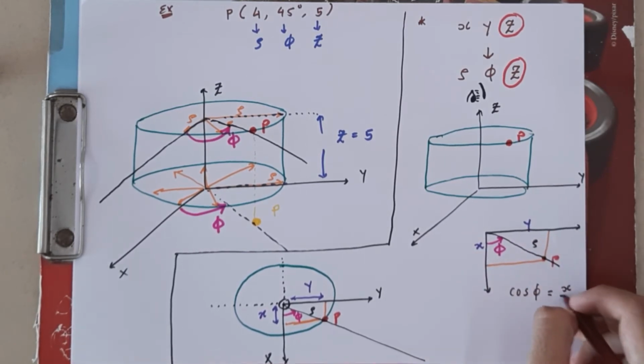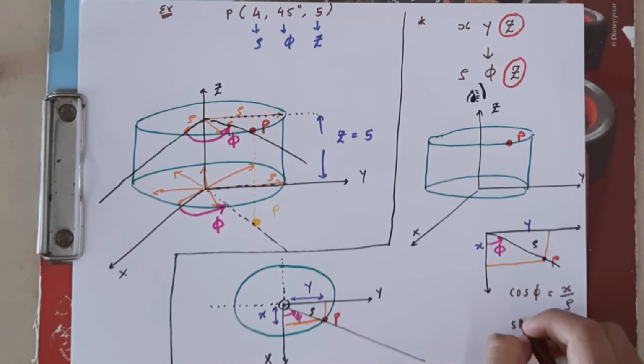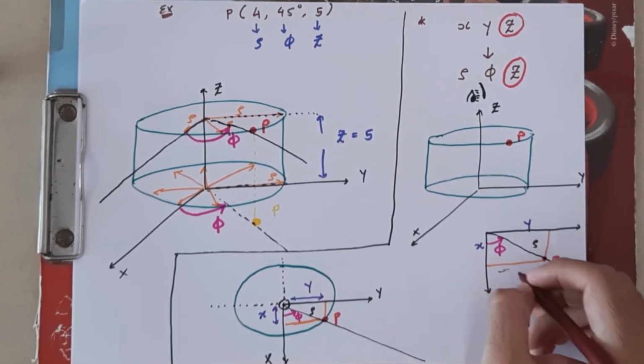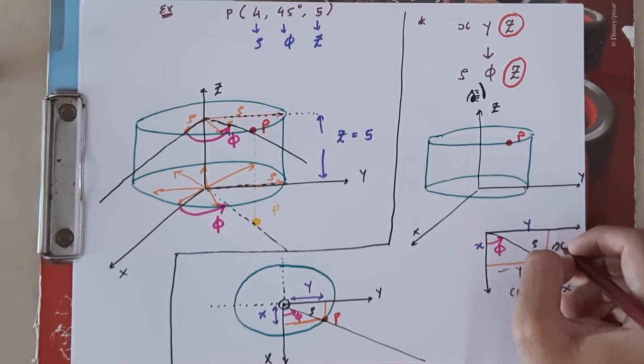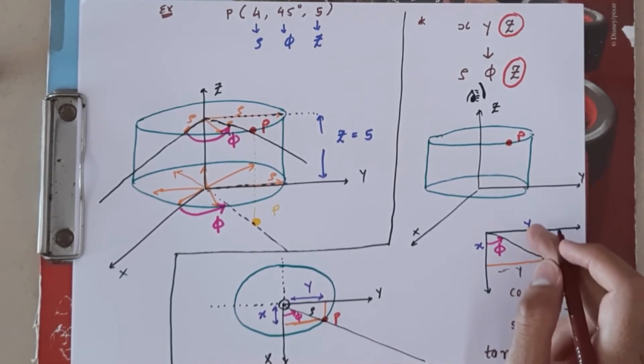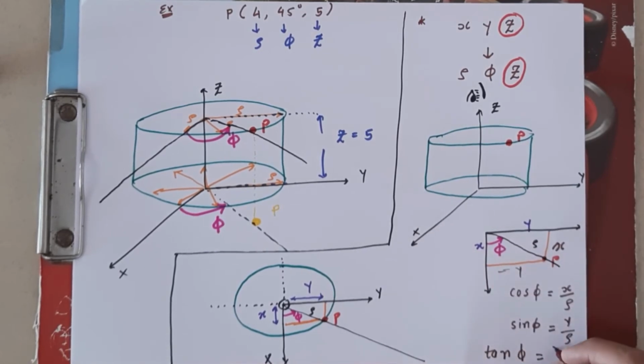Sin phi is equal to y by rho. And tan phi is equal to y by x.